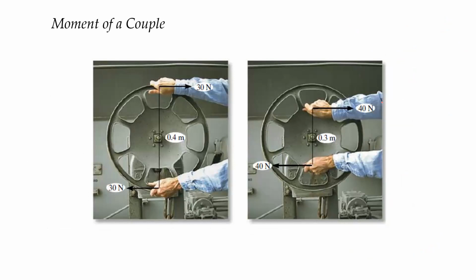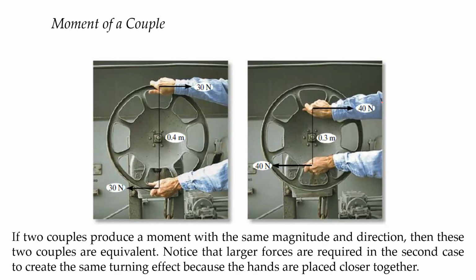And of course, if you apply your forces at a much closer distance to the center point where rotation might occur, you will be exerting a much greater force compared to if it is far. If two couples produce a moment with the same magnitude and direction, then these two couples are equivalent.